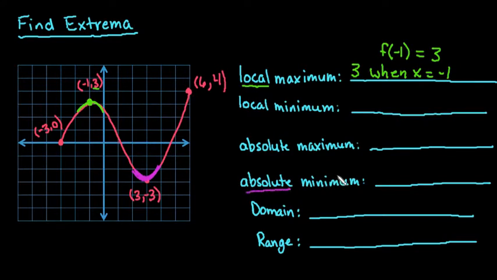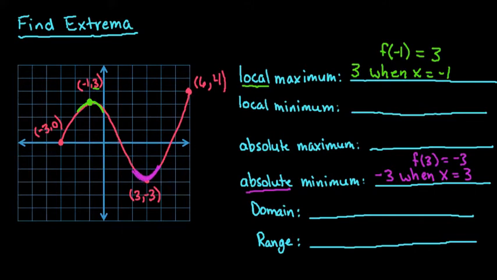So this would be considered an absolute minimum. So we have an absolute minimum at -3 when x equals 3. Or you could write it in function notation as f of 3 equals -3 is our absolute minimum. So -3 is our absolute lowest point that our graph goes.